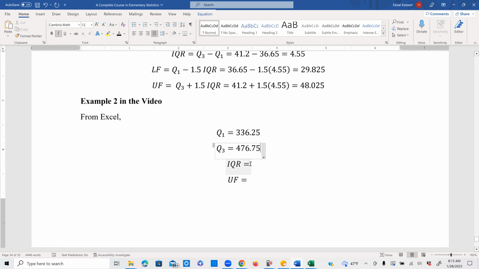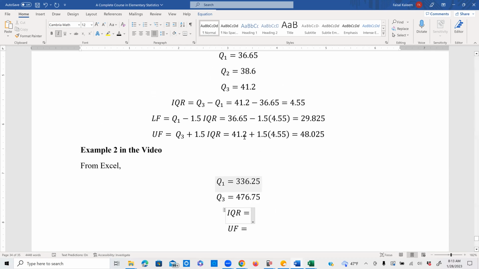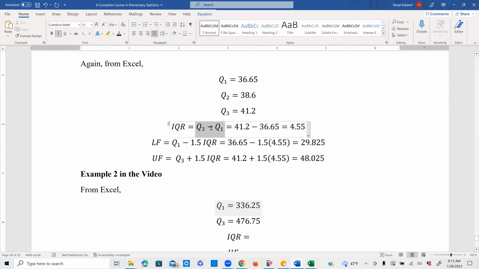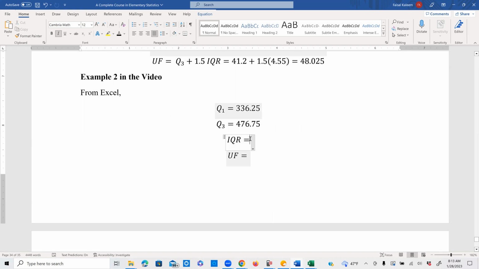IQR will be the difference, Q3 minus Q1. And that will equal 476.75 minus 336.25 equals 139.5.